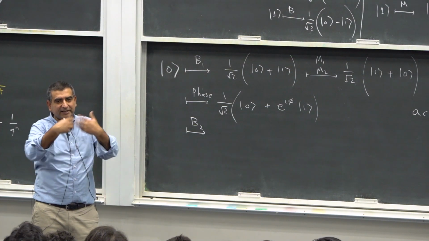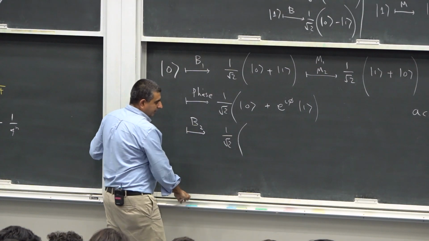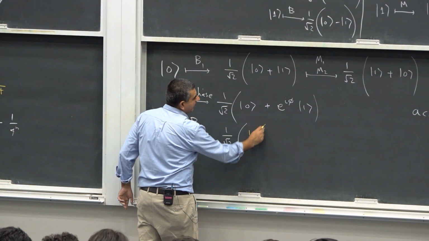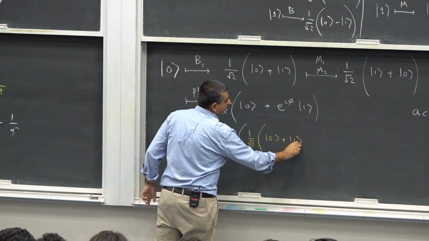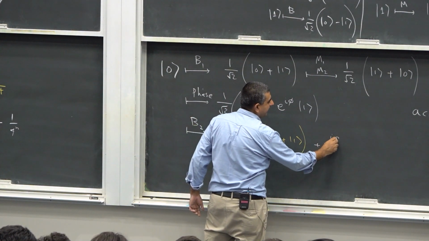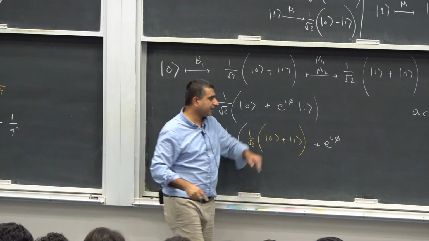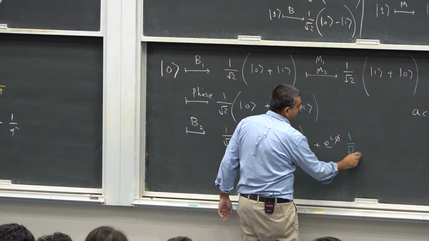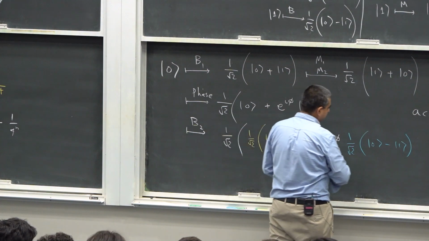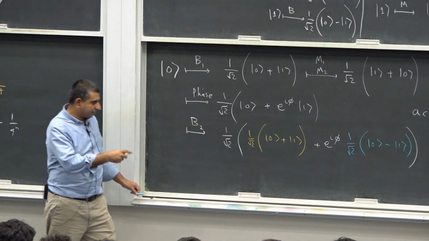The second beam splitter does another interference experiment. What happens to this quantum state? It goes into 1 over root 2 times ket 0 plus ket 1, plus e^(i phi). Nothing happens to the probability amplitudes. Once again you generate an interference superposition, and then you do simple manipulation of these terms.